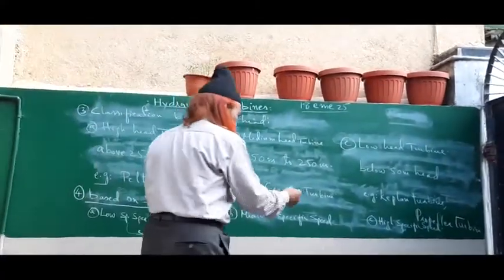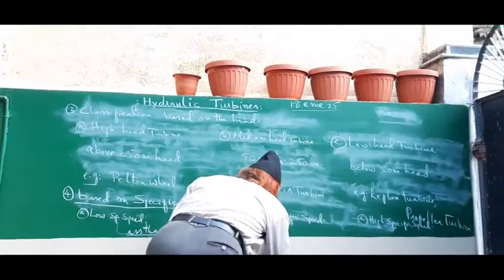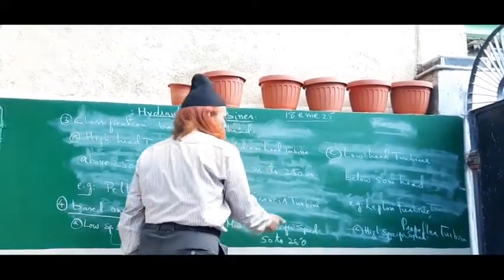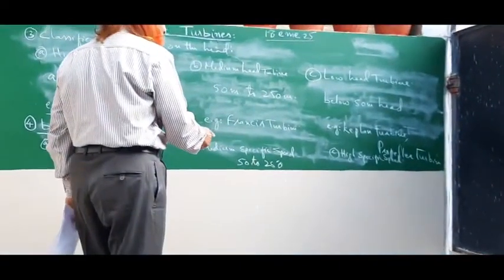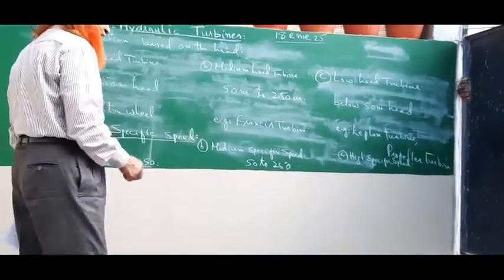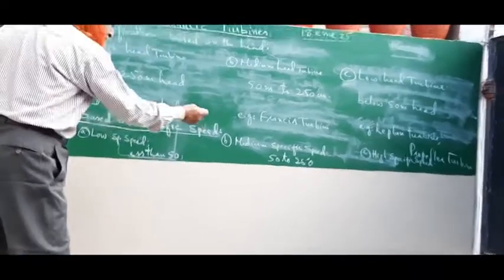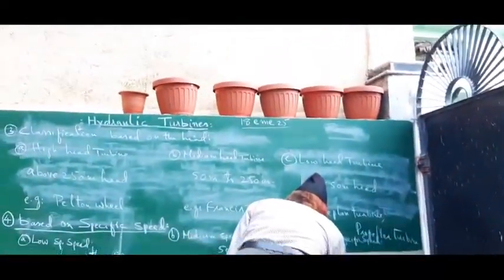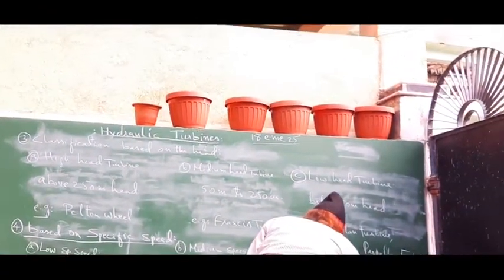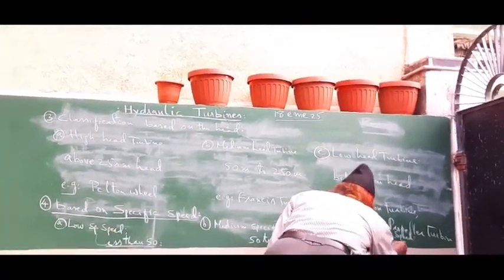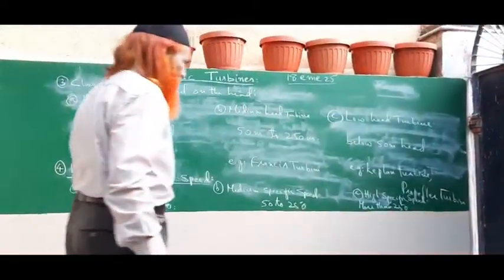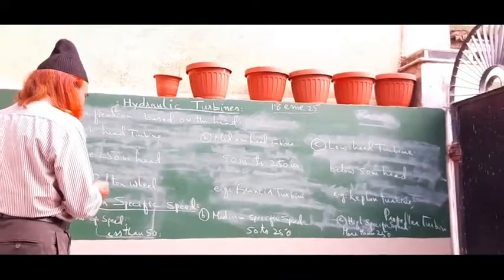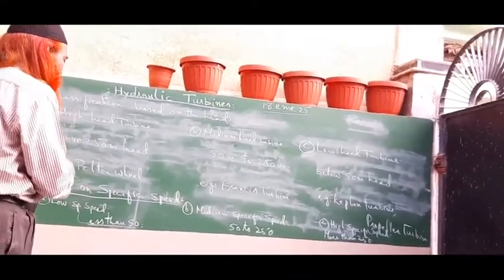50 to 250 specific speed. Okay, when the specific speed is 50 to 250, then that is medium specific speed. Therefore, low specific speed is less than 50, high specific speed is more than 250. Okay, is it clear to you? And the example here is the same Pelton wheel. Less than 50 will be the specific speed in case of Pelton wheel.